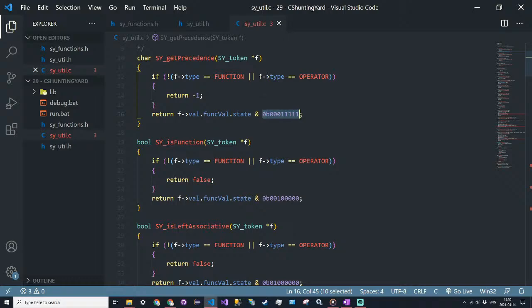So when we bitwise AND it with the state, it will just return whatever the first 5 bits are. Because if you bitwise AND some value with 1, you will just get the original value.